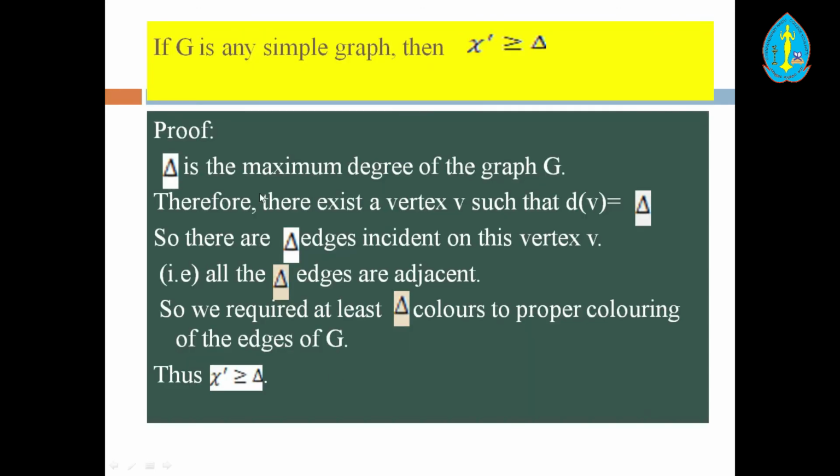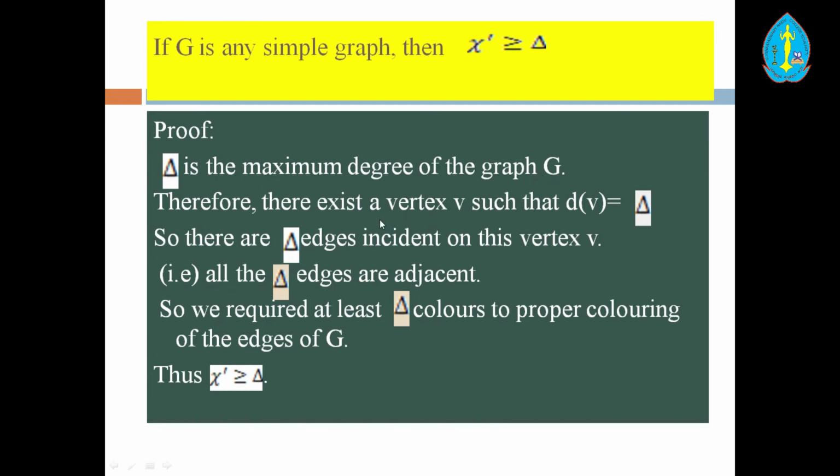If G is any simple graph, then chi' is greater than or equal to delta, where delta is the maximum degree of the graph. That is, maximum degree of the graph means a vertex having the degree delta.